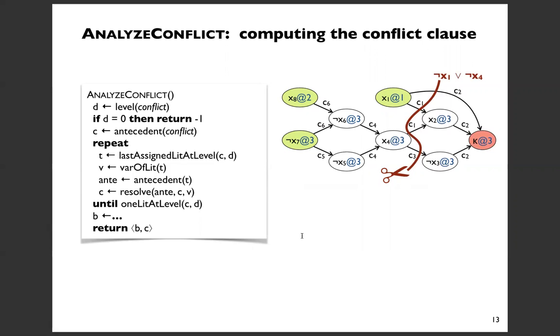Maybe I should go through that example. I already noted that for every node, the incoming and the outgoing clauses have that literal in opposing polarity.